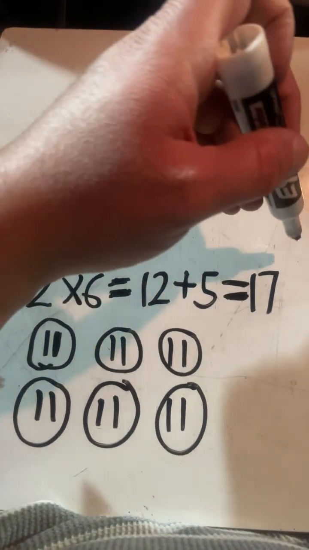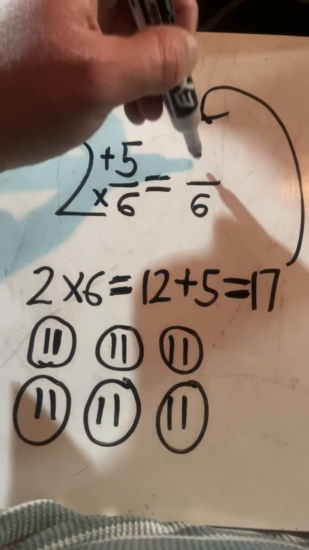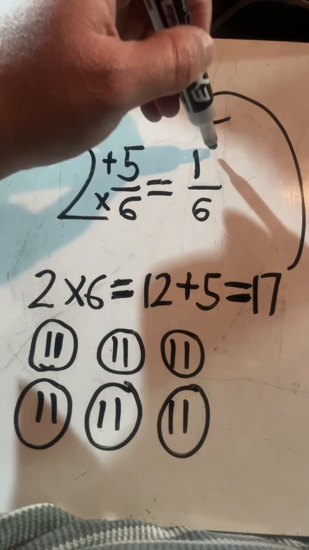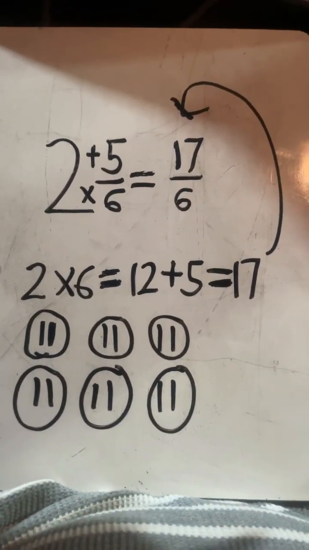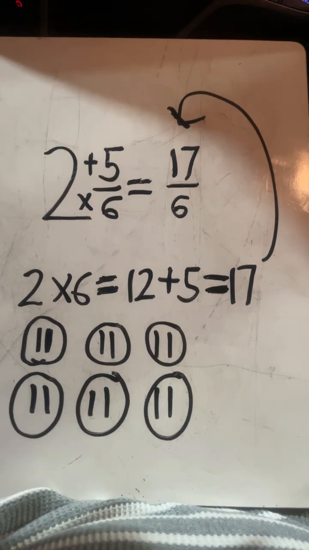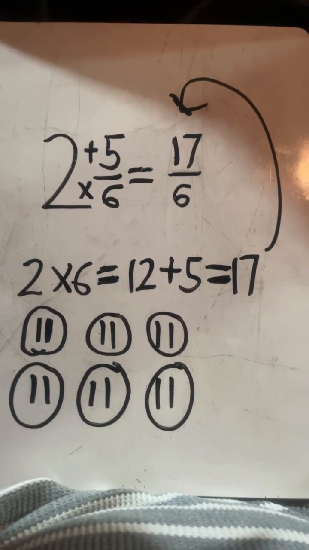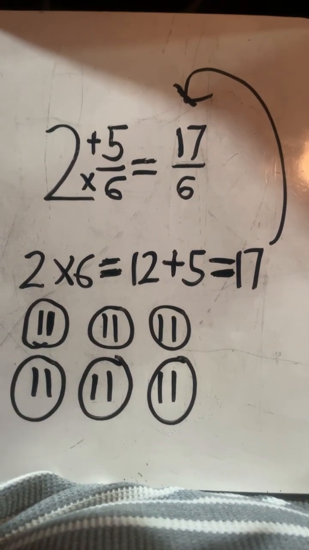So 17 is going to be our numerator. And we have our final answer. 2 5/6 converted into an improper fraction equals 17/6.